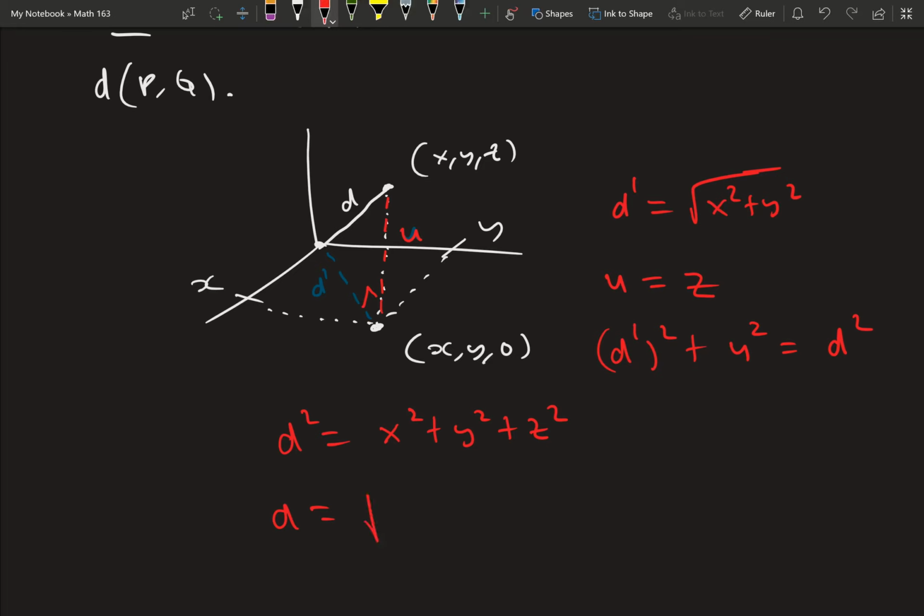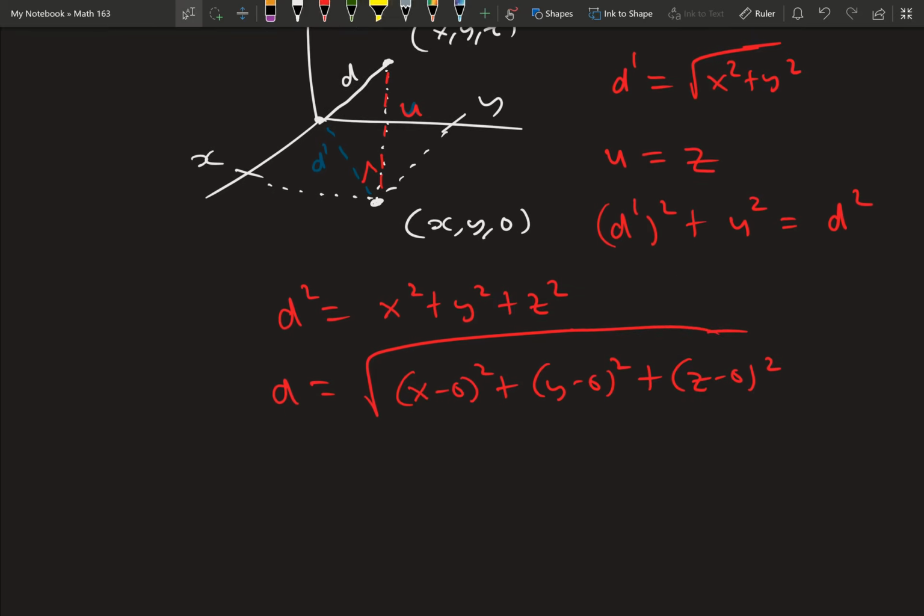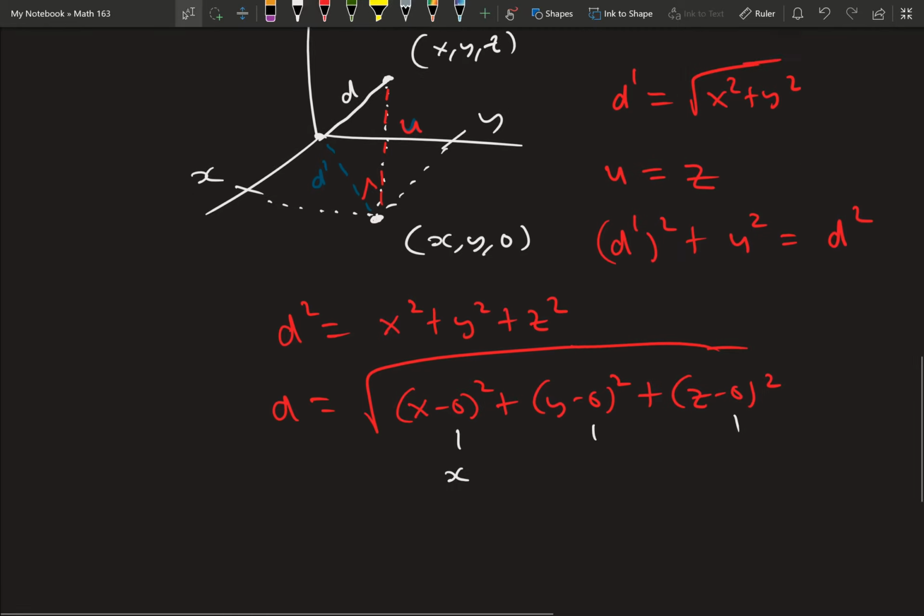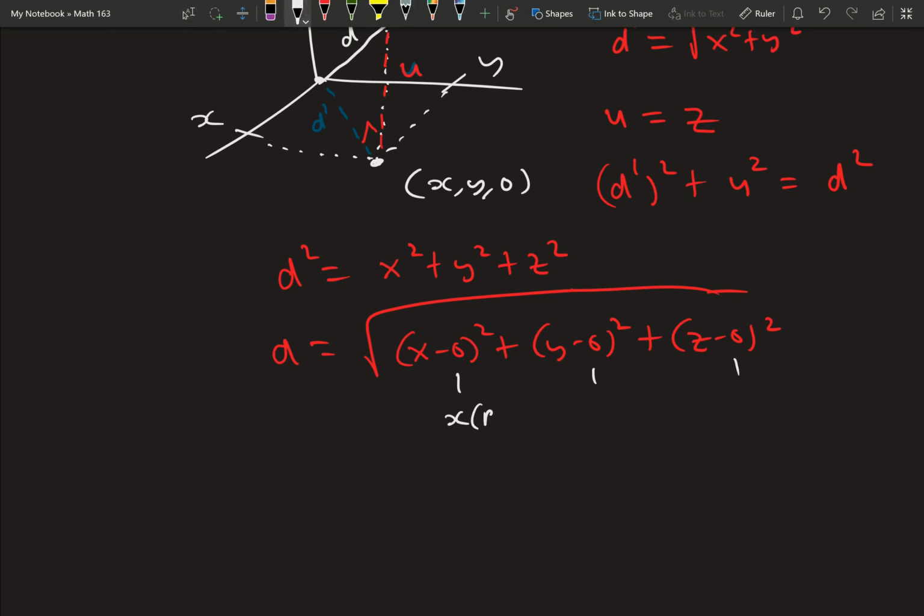So d is the square root of, and I'm going to write it this way, x minus 0 squared plus y minus 0 squared plus z minus 0 squared, which then generalizes. So these zeros are the x value of the origin p, the y value of p, and the z value of p.